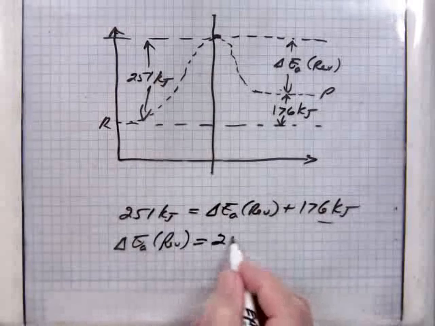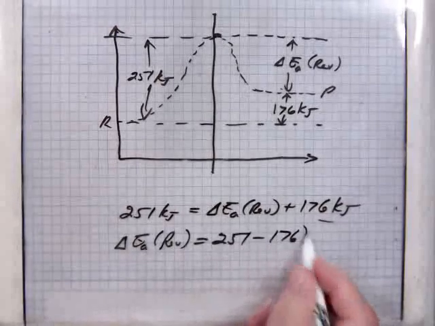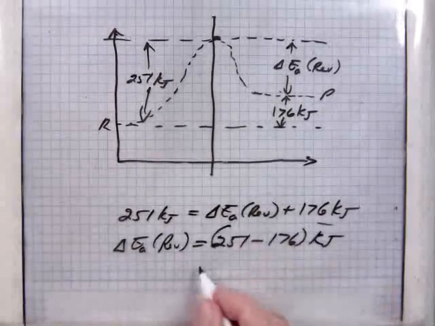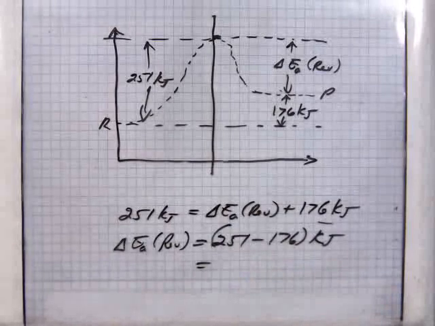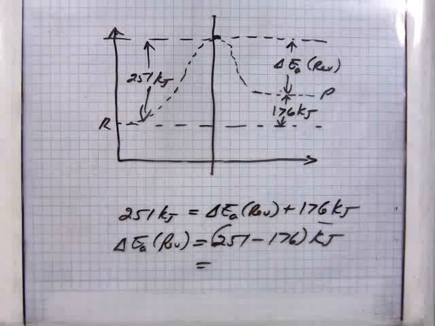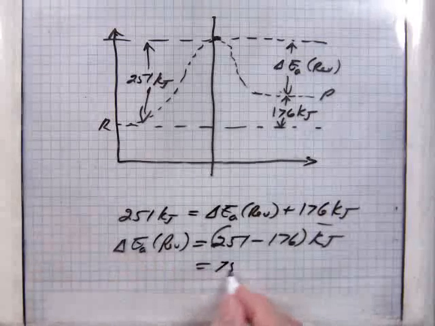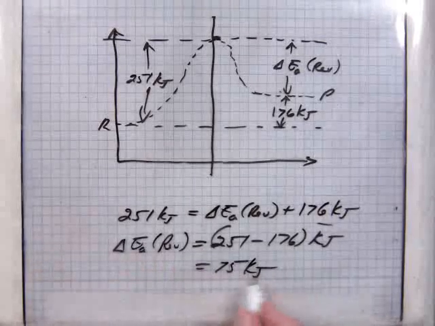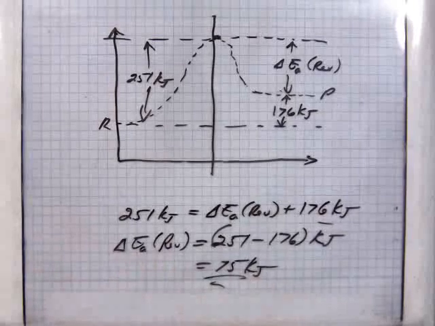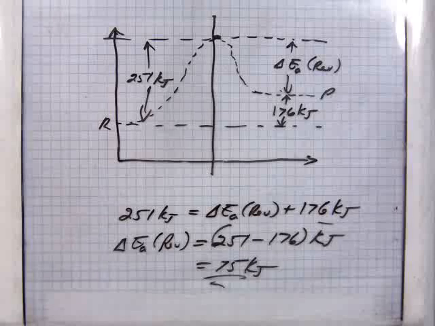The 251 minus 176, everything's in kilojoules, whatever that comes out to be. Kilojoules. So you will have one of each of those on the exam. Of course, it's easy enough, but you've got to remember which is endothermic and which is exothermic.